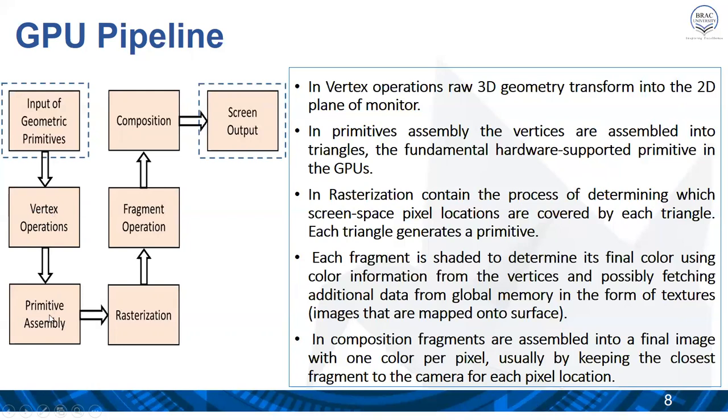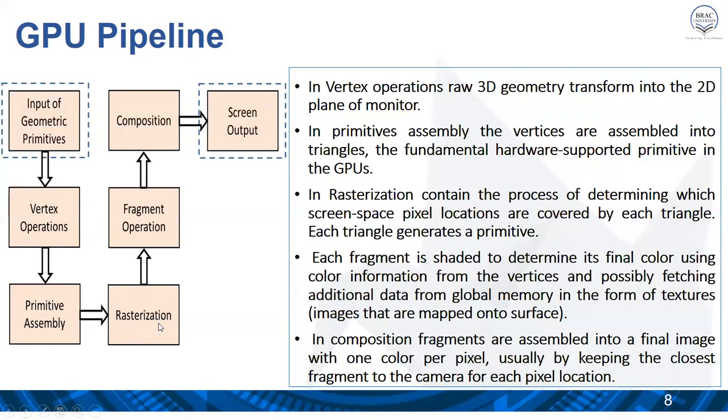The next unit is primitive assembly. In this unit, the vertices are assembled into triangles. Actually, the fundamental hardware-supported primitive in the GPU shapes are triangles. And the next process is rasterization.